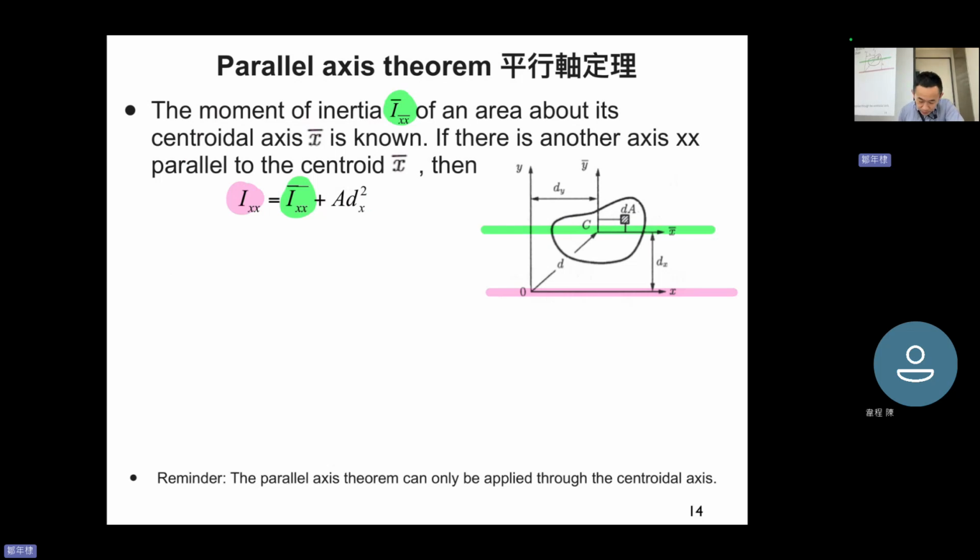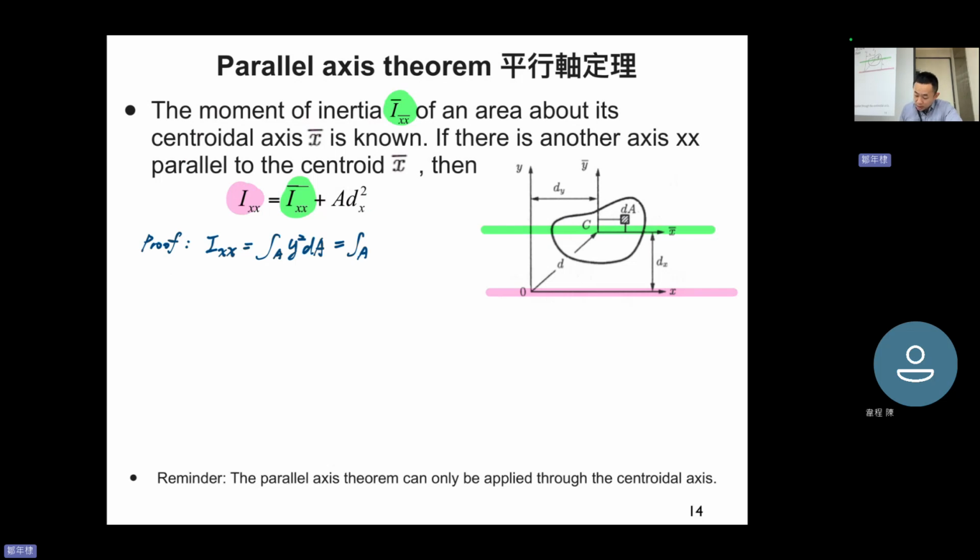Let's prove that. Proof. Our Ixx, which is the integral of y squared dA, this is the definition, right?